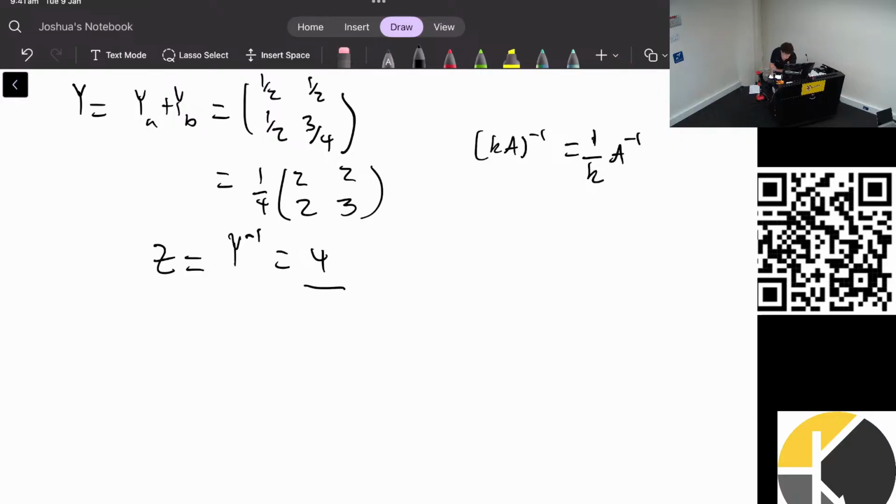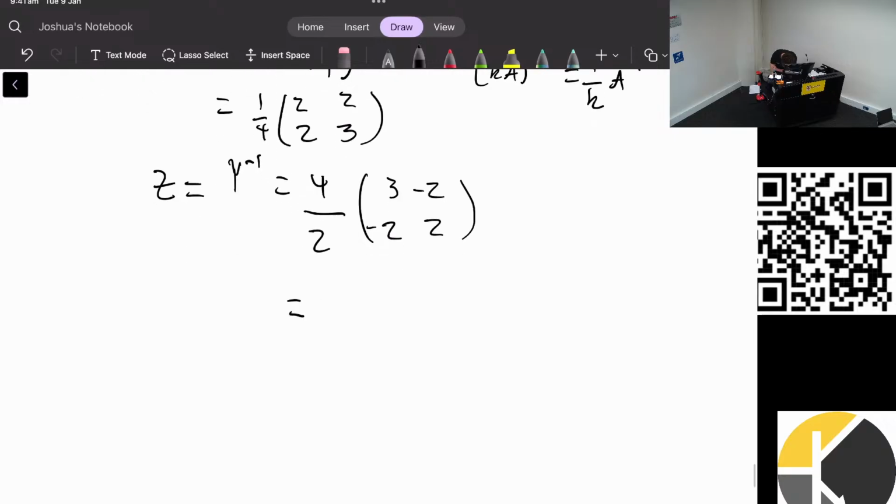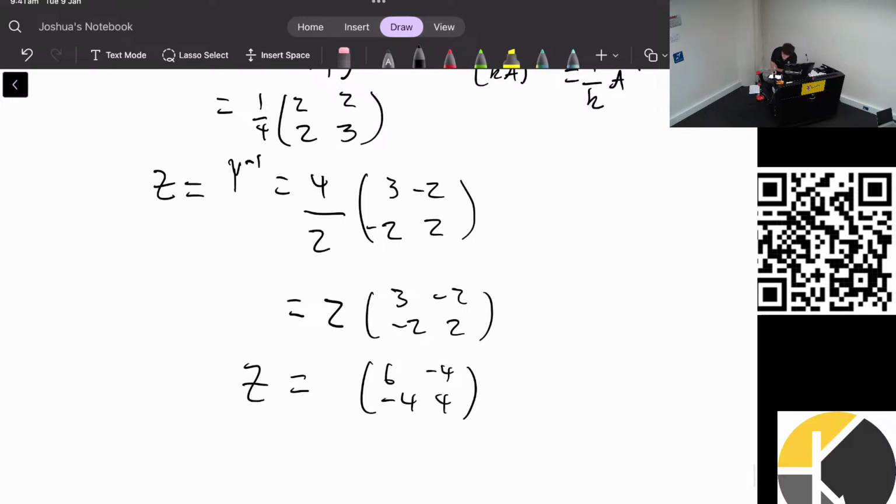What's the determinant in this case? Yep, 3, 2, minus 2, minus 2. And we obtain, yeah, those are the final impedance parameters.